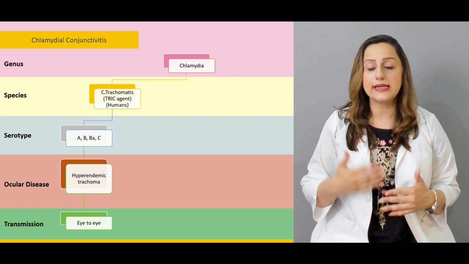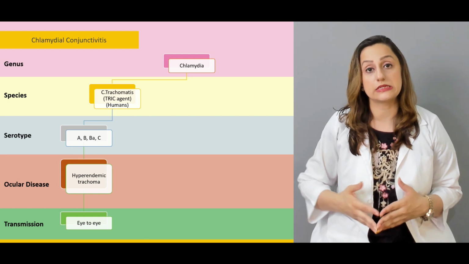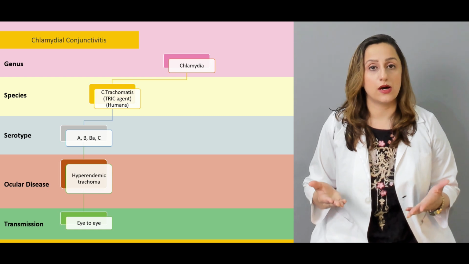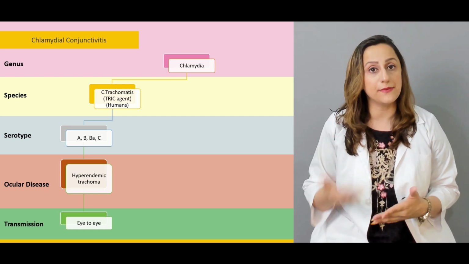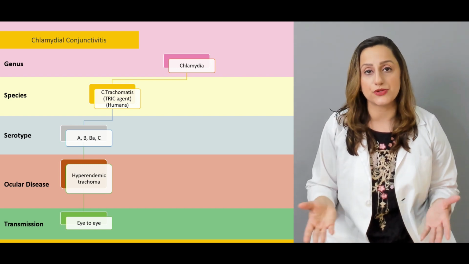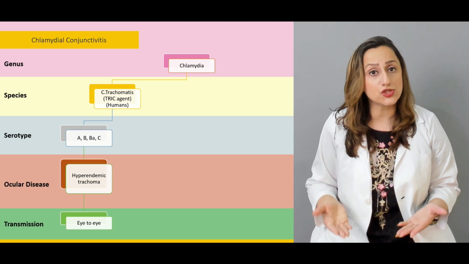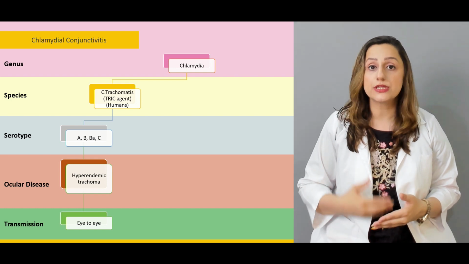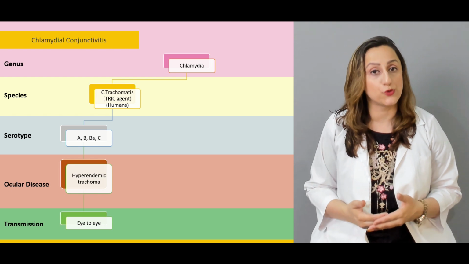Directly, the discharges or infectious material can be transferred from the infected eye to the other, normal eye, or it can contaminate the eye of another person who is using the same materials, such as towels or handkerchiefs. All of these are sources of transmission of infection from the infected eye to normal eyes.